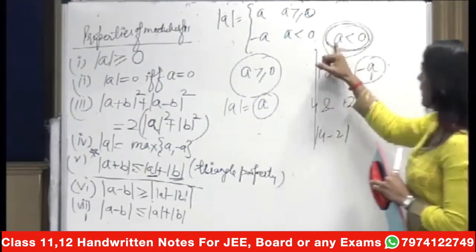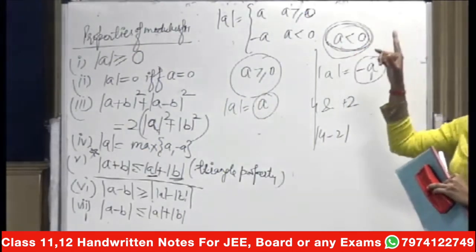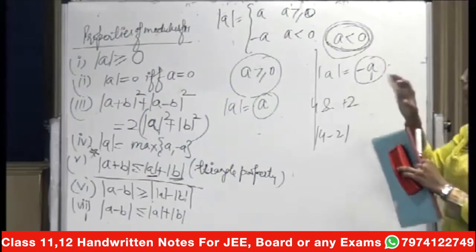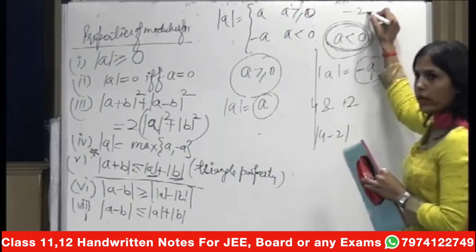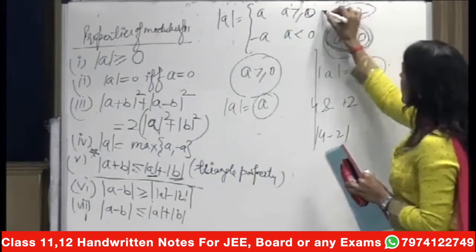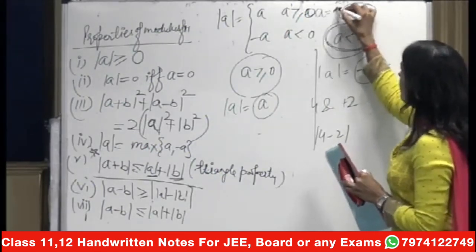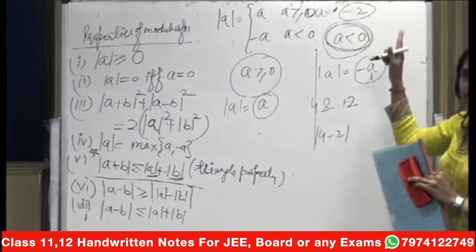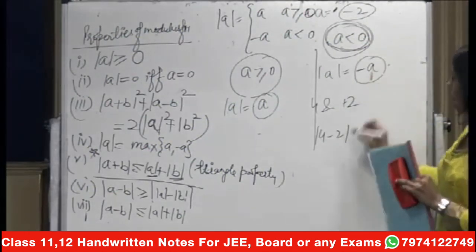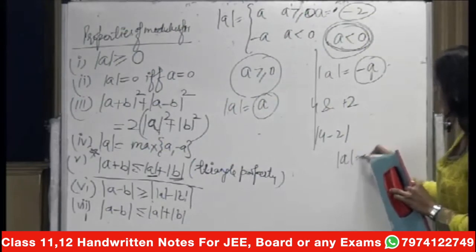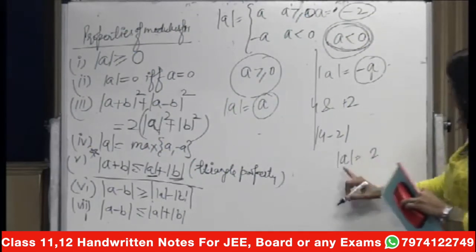If your a is less than 0, this time your number is negative. I just take a particular case. If you people are not getting, suppose minus 2. I am taking a value as minus 2. So a is minus 2, minus a will be 2, mod value will be 2.